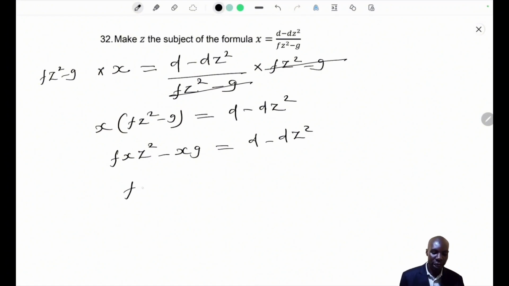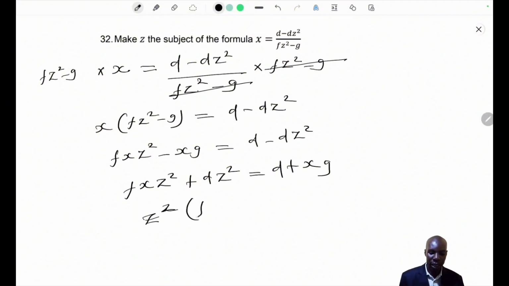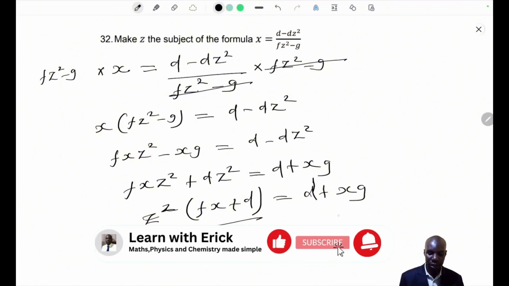Collect the like terms: F X Z squared plus D Z squared equals D plus X G. Common factor Z squared in bracket F X plus D should be equal to D plus X G. Divide both sides by F X plus D, so that cancels out.